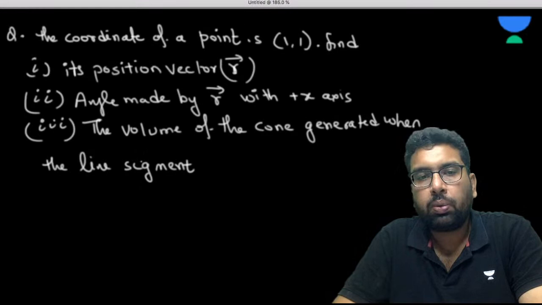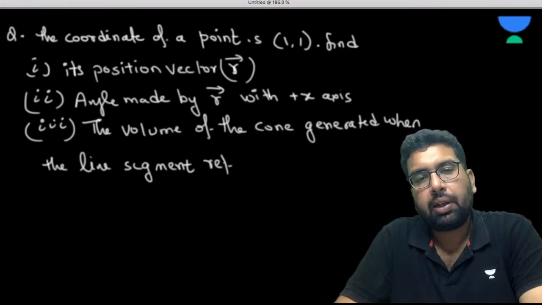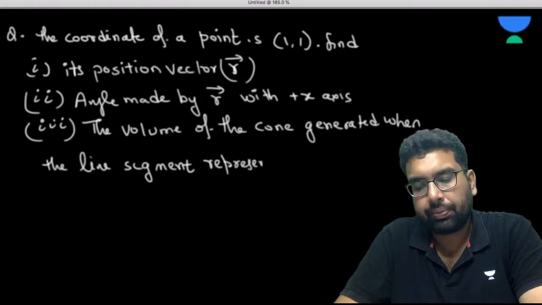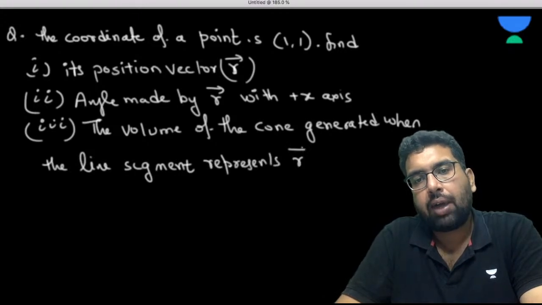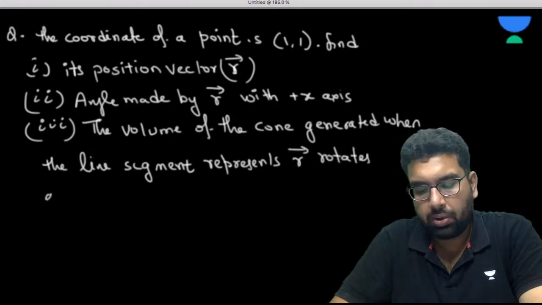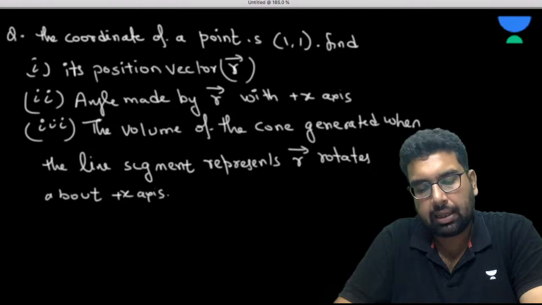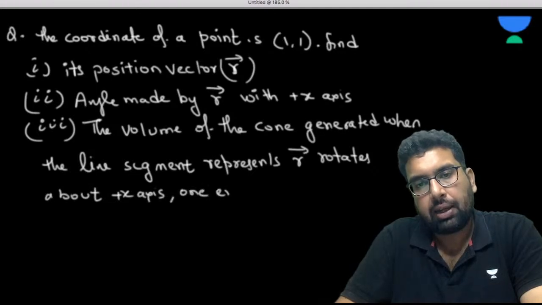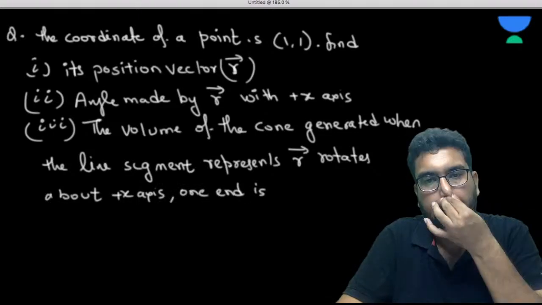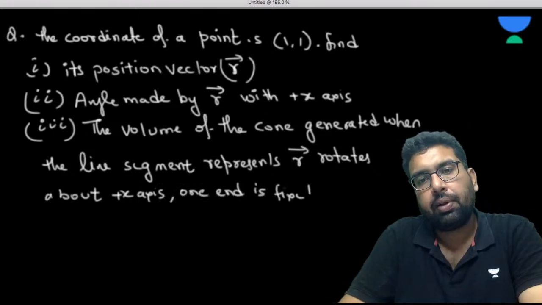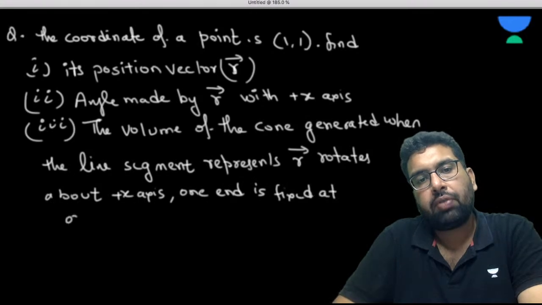So: the volume of the cone generated when the line segment representing r vector rotates about the positive x-axis when one end is fixed at origin.